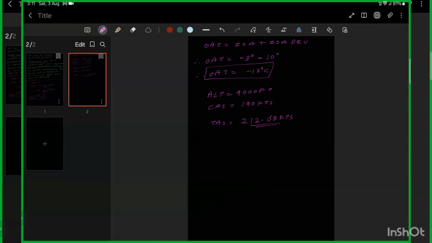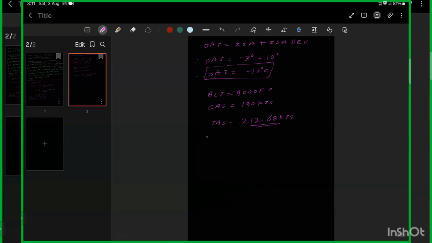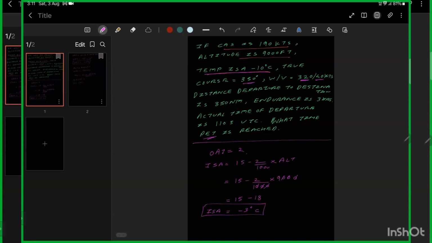Now what will we find out? TAS is there. Okay. Since what is the question asking? We have to find out what is the PET, that is point of equitime. Basically, the critical point they want you to find out. So we need two things. We need to know what is ground speed out and what is ground speed home. Yes or no? Okay. So the outbound track was what? 350.